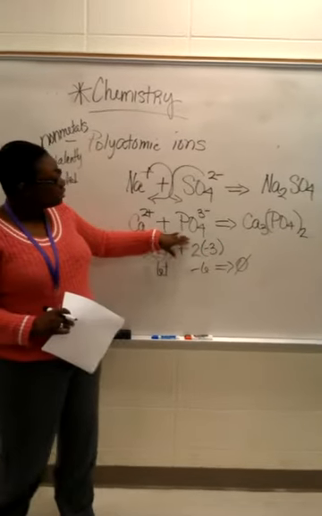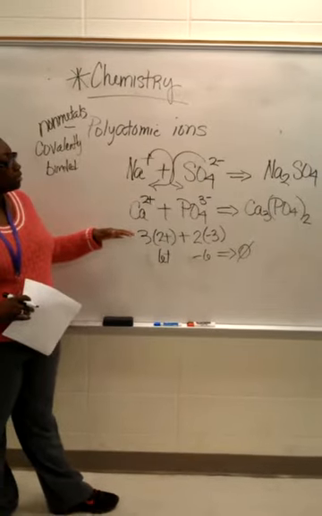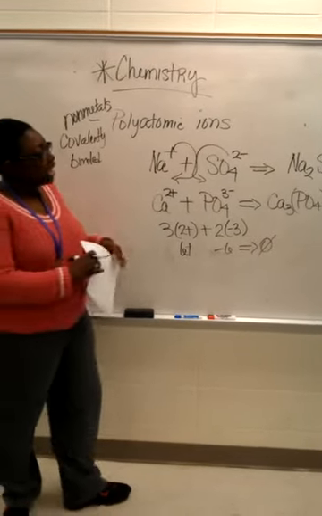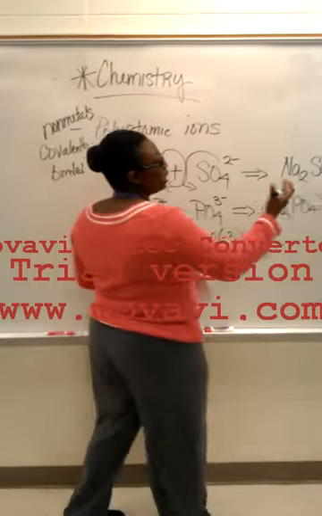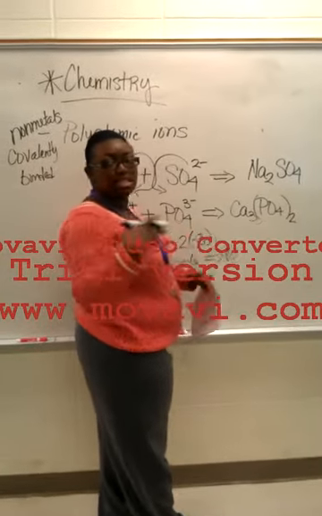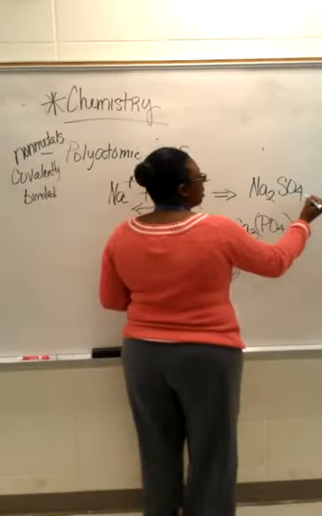Now, let's talk about how we would name it while we're learning how to build them. So, your cation in your naming always goes first. So, remember when we talked about ions, our cation takes the name of the element. So, this would just be sodium.